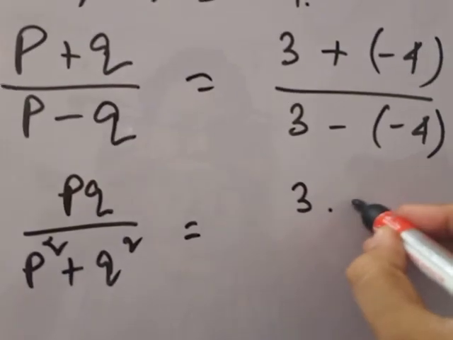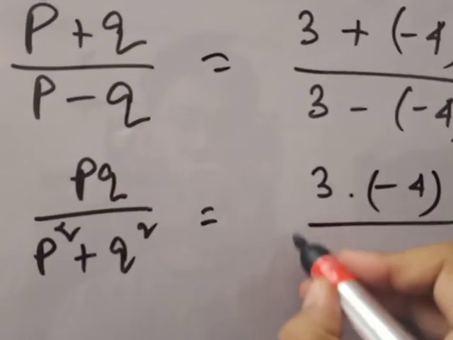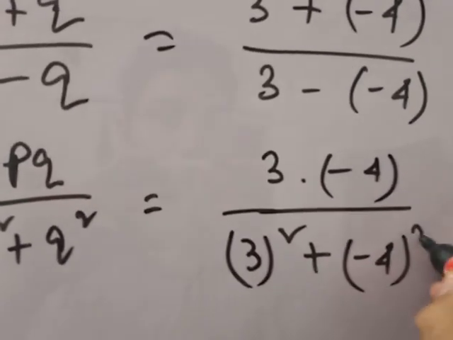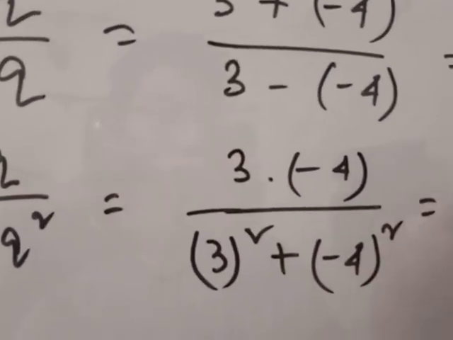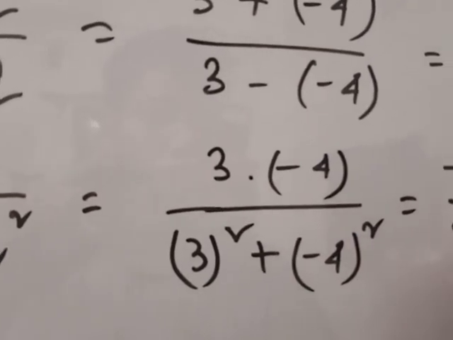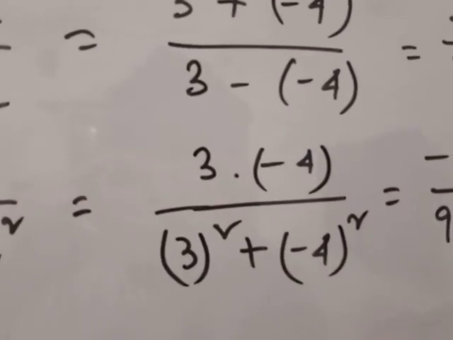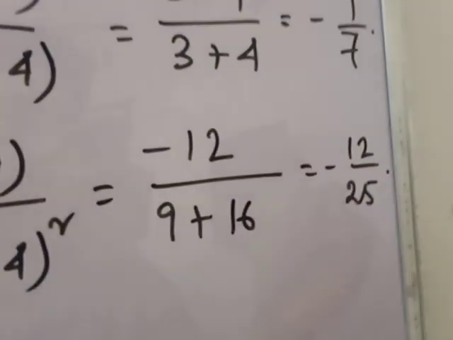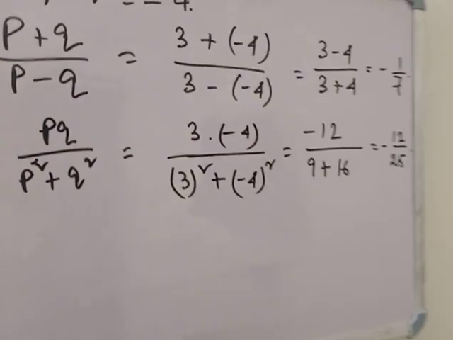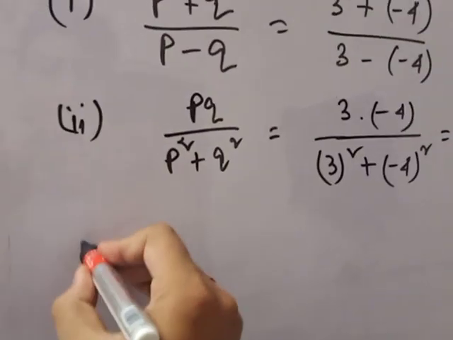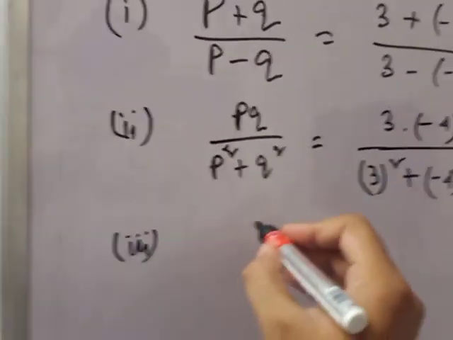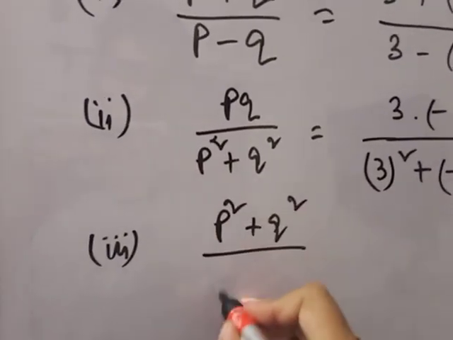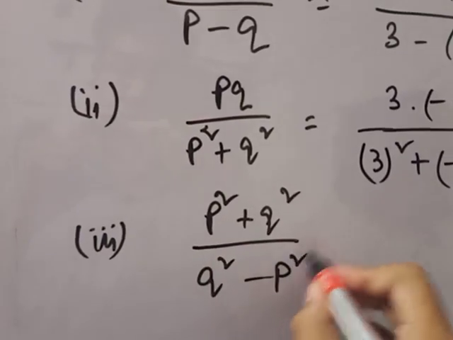So P Q by P square plus Q square. So minus 12 by 9 plus 16. That means minus 12 by 25. Next, number 3. P square plus Q square by Q square minus P square.